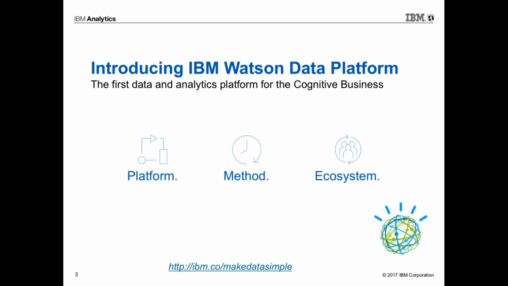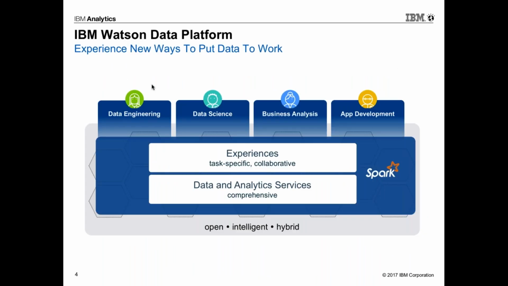Going forward, we're introducing IBM Watson Data Platform into Data Science Experience. It's the first data analytics platform for cognitive business, with a method to work on that platform, and has an ecosystem around it. So it has a community-based approach to it. The four segregated layers are data engineering, data science, business analysis, and app development.